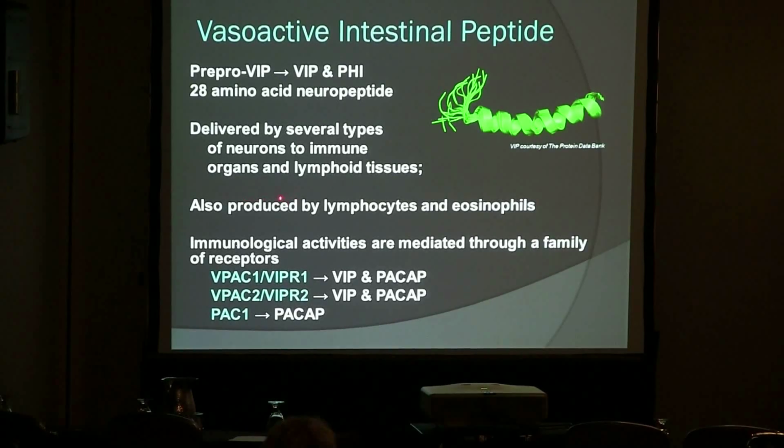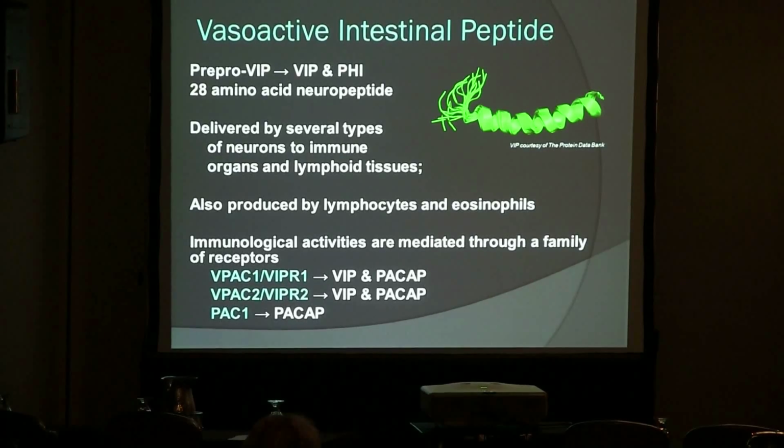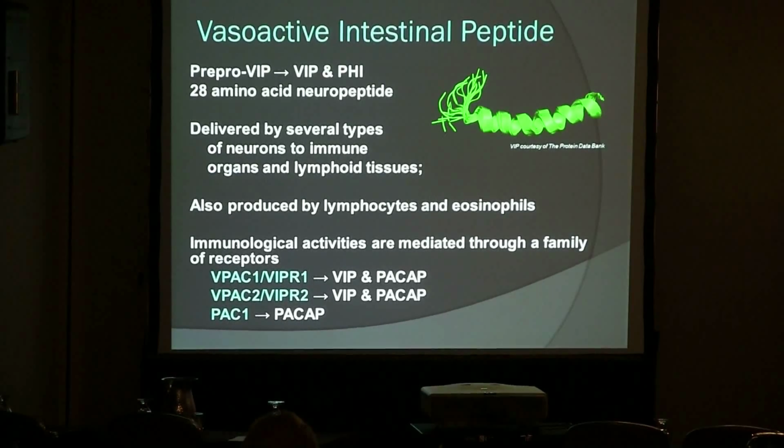It's also been shown to be produced by immune cells, and its functions range from relaxation of smooth muscle cells to lowering arterial blood pressure, also vasodilation, as its name implies, and it has a number of immunological activities that are carried out by, in particular, 2 receptors, VIPR1 and VIPR2.